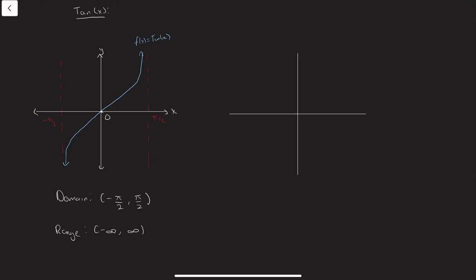Great. So how does this look on the inverse now that we're aware that it is a one-to-one function under this domain?